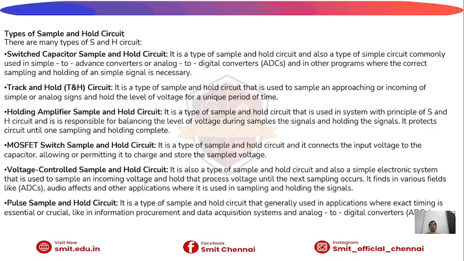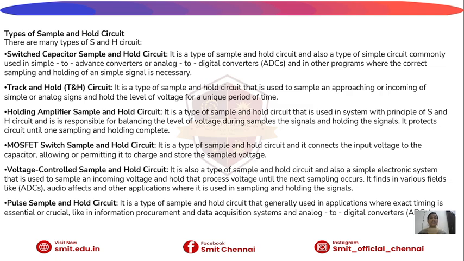It takes the incoming analog signal and holds the level of voltage for a unique period of time. So for that we are using the T and H circuit. Likewise, the holding amplifier sample and hold circuit is there. The MOSFET switch sample and hold circuit is there.